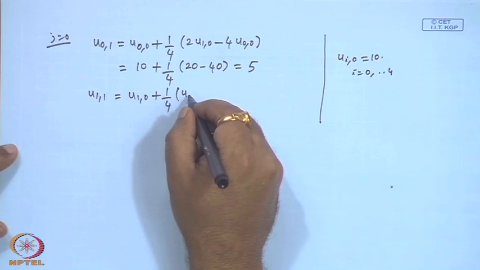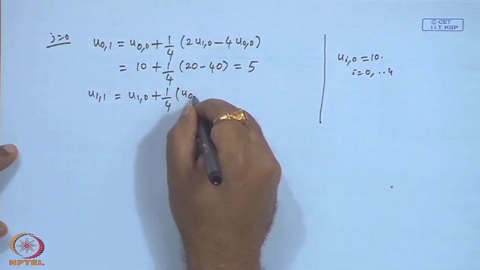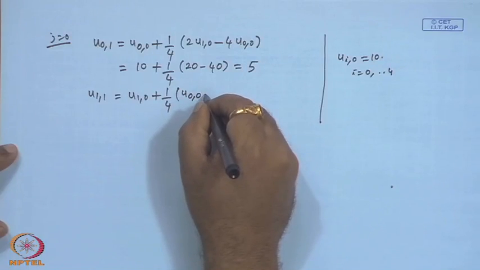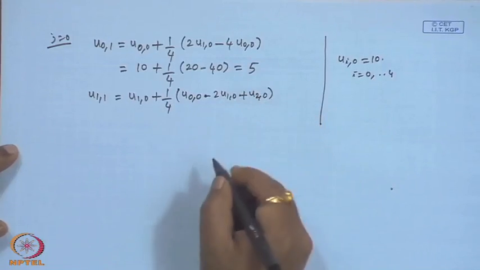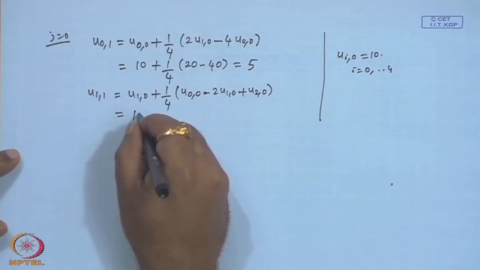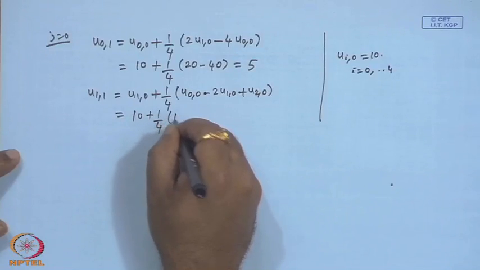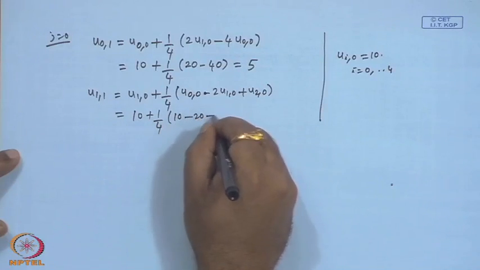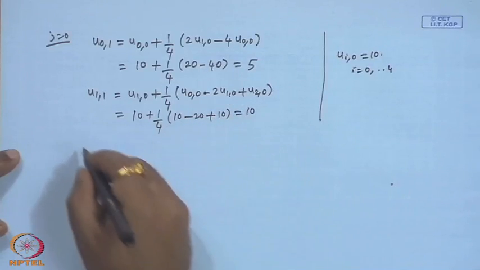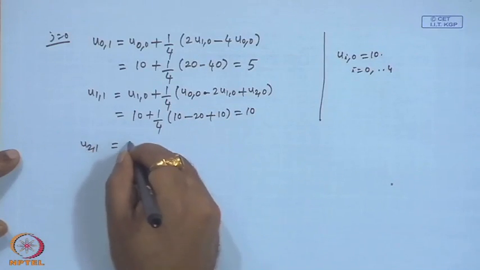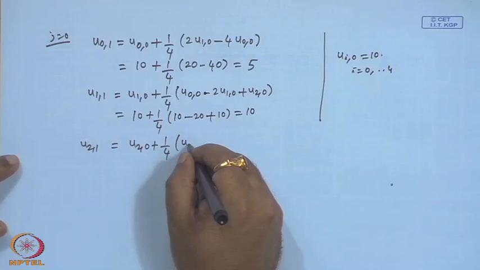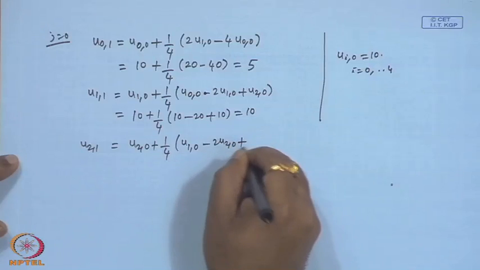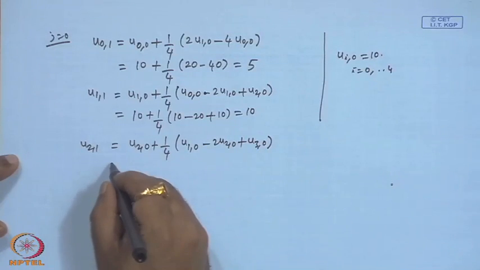So, this will be zero, so this will be u. Okay, so we can compute.